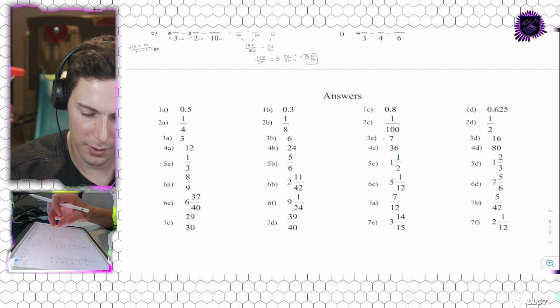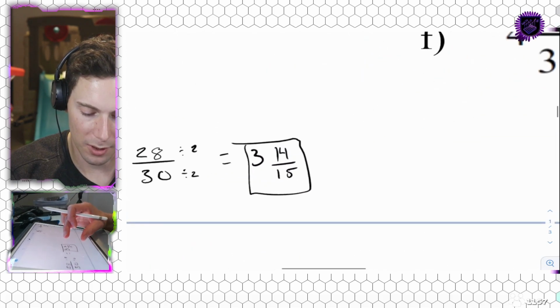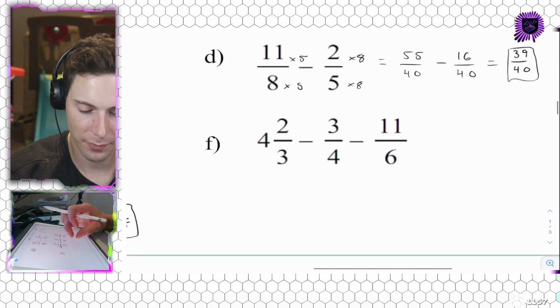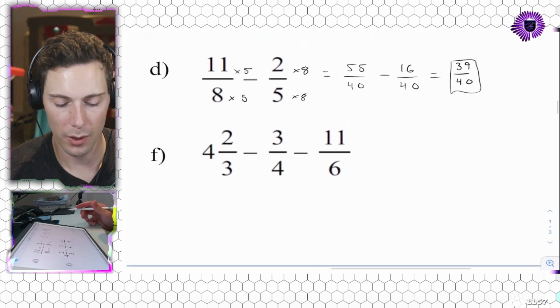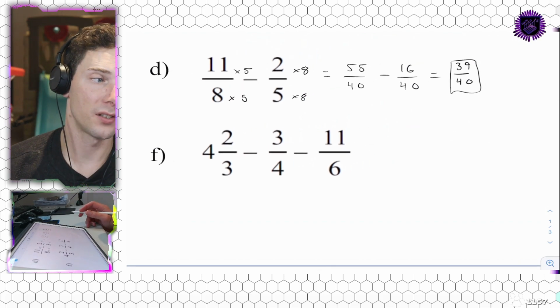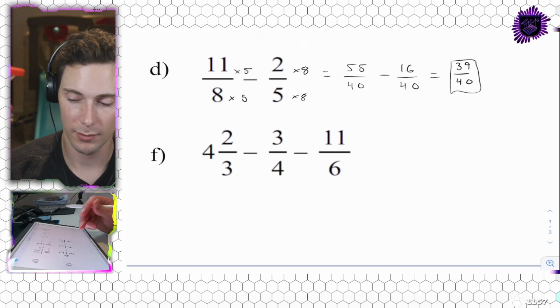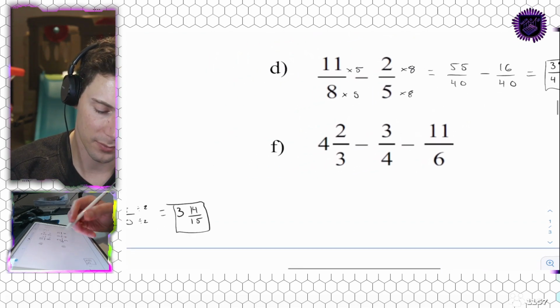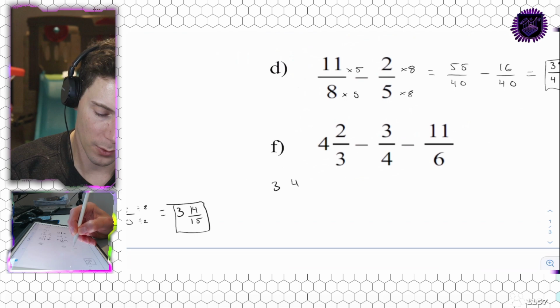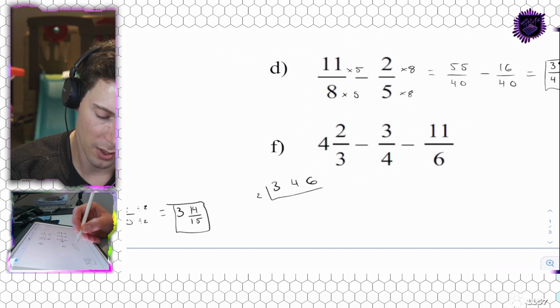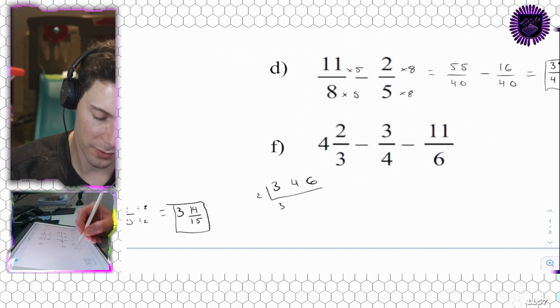14 15ths. I always like to check my answers on some of those longer ones just to make sure. 3, 4, 6. Now all of these numbers go into 12. I could show you this with the ladder method. 3, 4, 6. There is a common factor of 2, which doesn't go into 3, but goes into 4 twice, and 6 3 times.